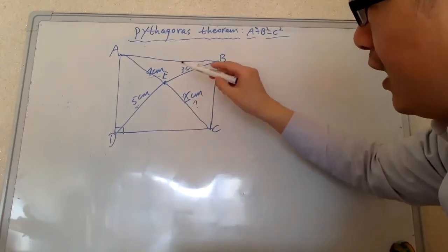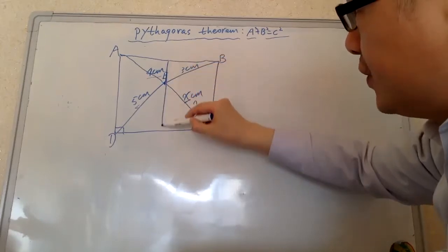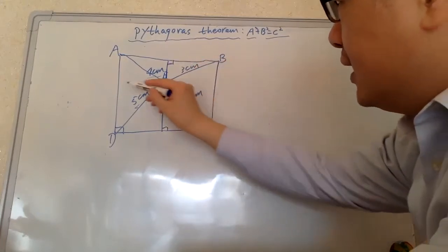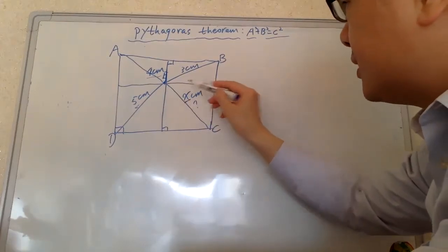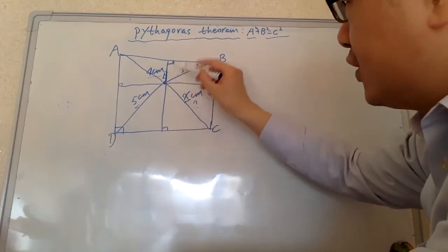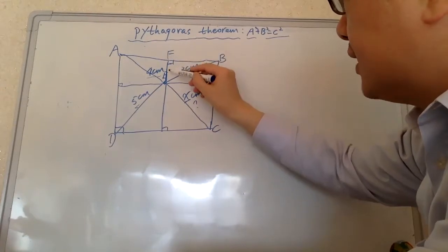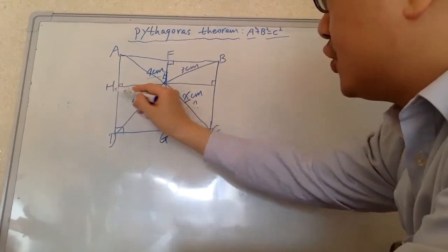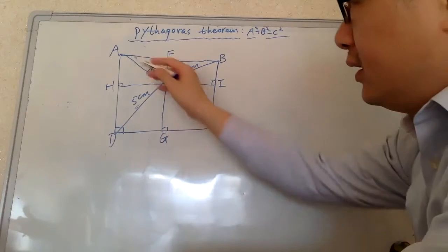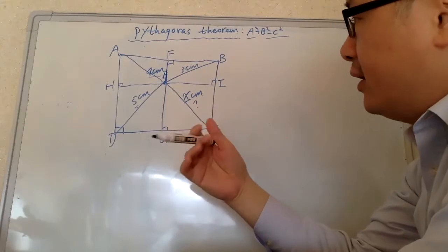From E, we can draw two lines, one perpendicular to AB and CD, and another perpendicular to AD and BC, with the intersections named F, G, H, and I. We know that in a rectangle, the counterpart sides are equal to each other.